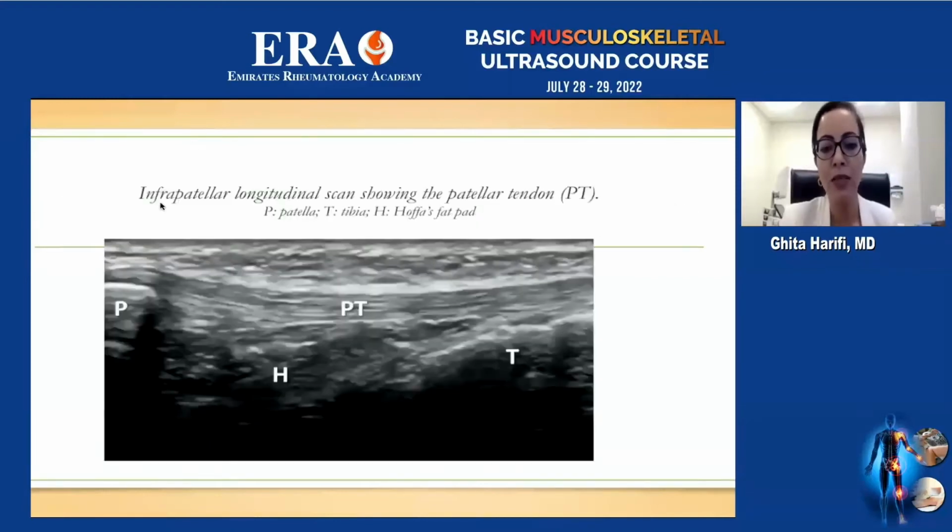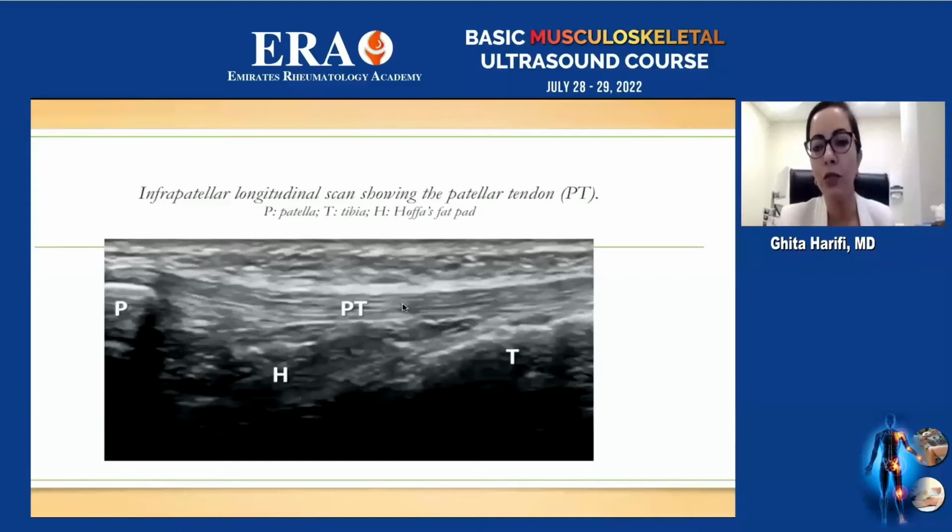You get these images usually using the panoramic view on some ultrasound machines, which allows you to appreciate the tendon from the proximal to the distal end. This is a very important scan in psoriatic arthritis patients, when you would like to appreciate the existence of an enthesitis, so enthesis abnormalities at the level of the patellar tendon, proximal enthesis and distal enthesis.